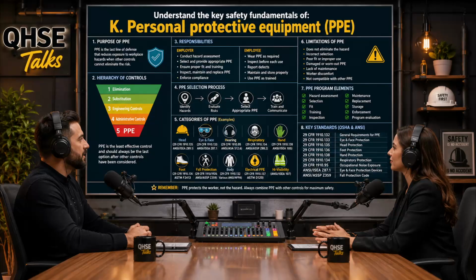Let's run through them. They need to know exactly when the gear is necessary. Okay, when? What specific gear is required. Why? How to properly don, doff, adjust, and wear it. Donning and doffing. Putting it on and taking it off. Exactly. Then the structural limitations of the equipment. And finally, the proper care, maintenance, and disposal procedures.